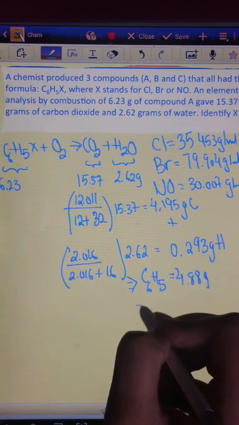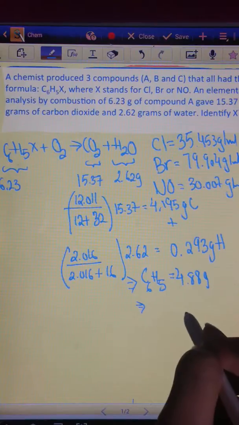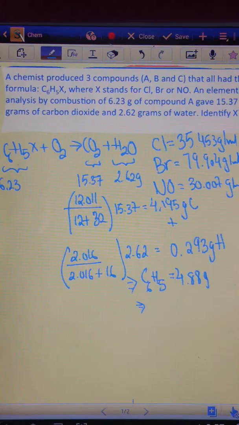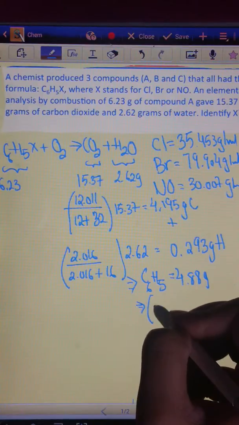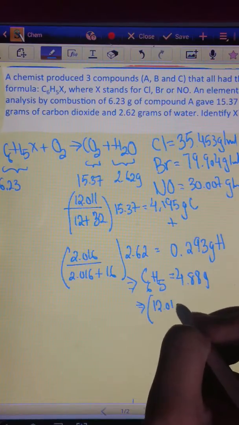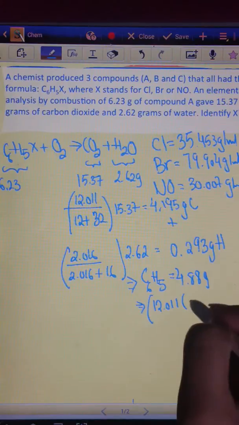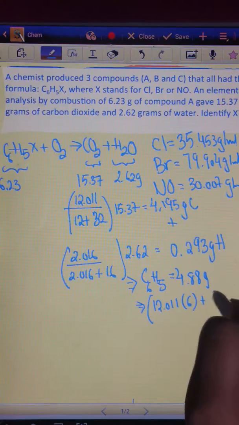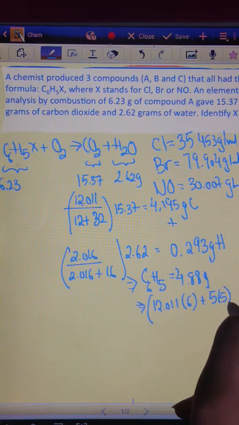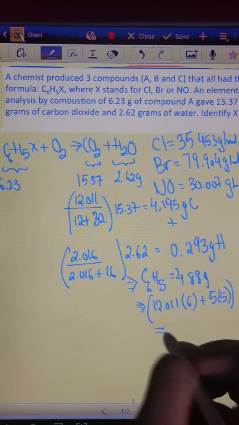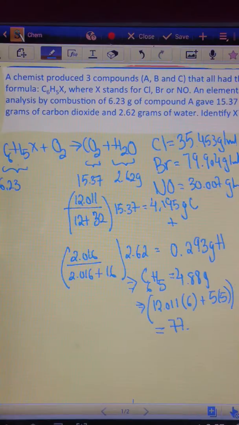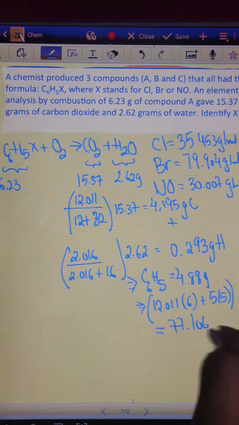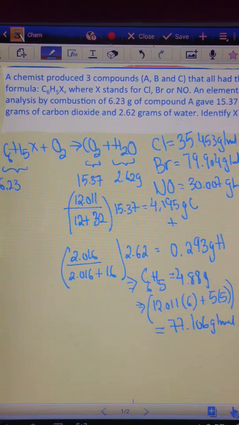Another component that we can find of C6H5, just by knowing that it's C6H5, is its molar mass. We do that by adding its atomic masses. So it's 12.001, because that's carbon's molar mass, and there are 6 carbons, added with 5 times the molar mass of hydrogen, and that gives us 77.106 grams per mole of C6H5.